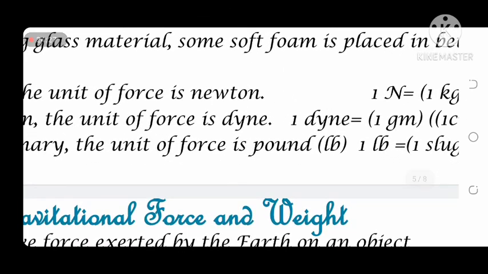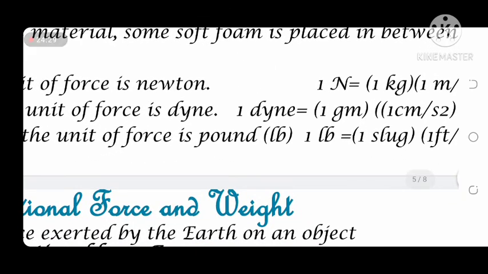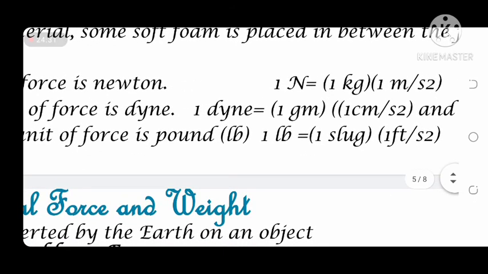The unit of force is pound. LB is noted here. So 1 LB is equal to 1 slug multiplied by 1 foot per second squared. Here slug is a unit of mass and foot is a unit of length.